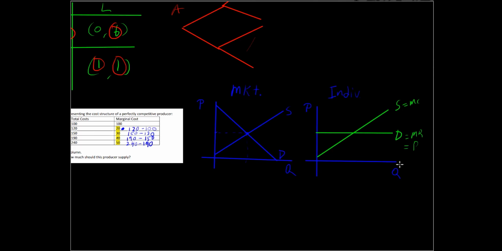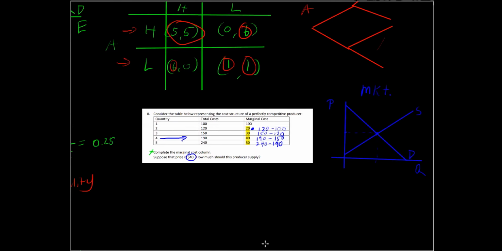And if one farmer decides to shut down production, they're so small relative to the overall market for wheat that that's not going to change the market price for wheat. And so insofar as that single farmer is concerned, the price is fixed. The price is the price is the price. And so that's why their demand curve is just this flat line at the market price.